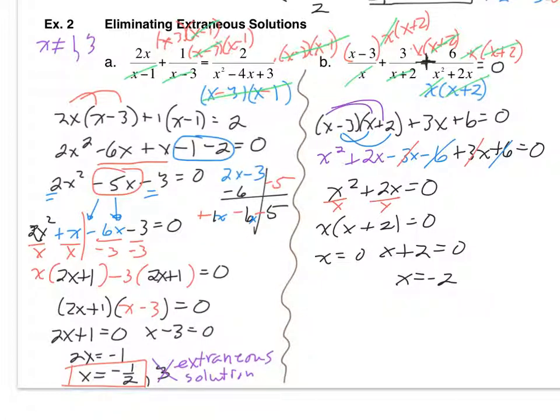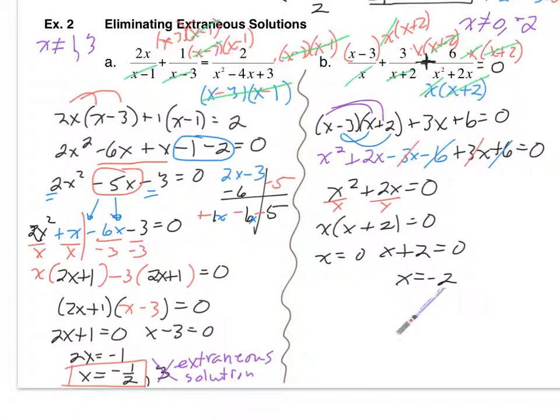Let's look up and find our extraneous solutions. Right here, we're going to see what can x not equal. X cannot equal what here? 0. And x cannot equal what here? Negative 2. And then the same thing here, x cannot equal 0 or negative 2.